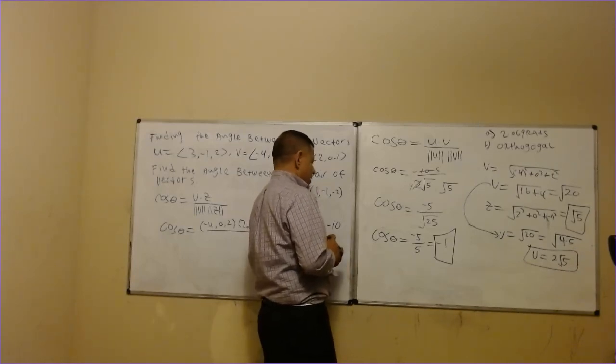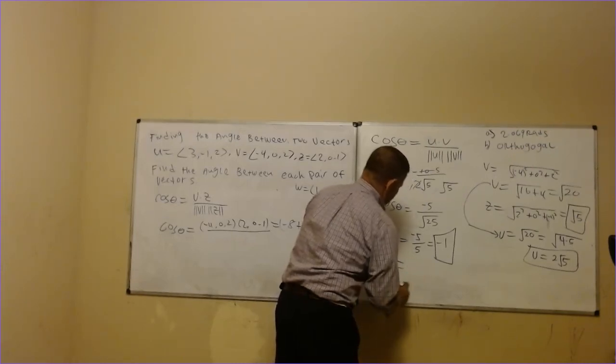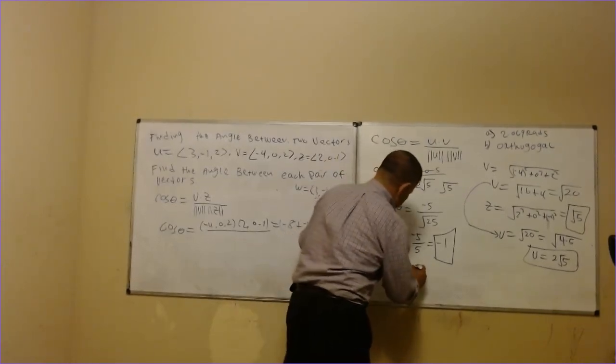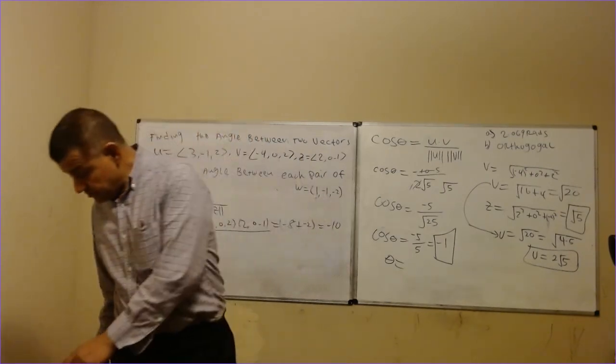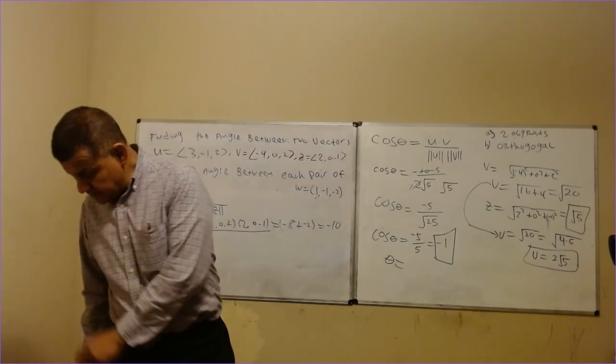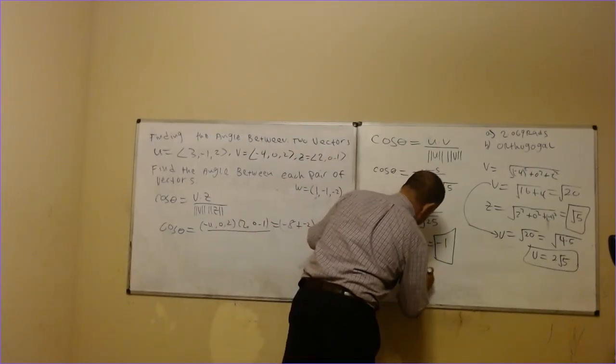Well, the only place where cosine of theta is equal to negative 1 is at pi, where pi is 180 degrees.